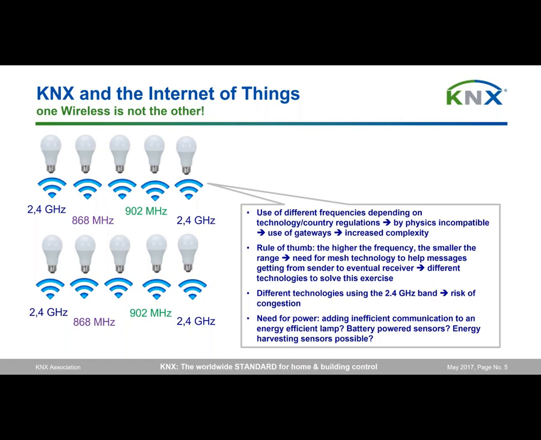A very common frequency used for wireless solutions is the 2.4 gigahertz band, for instance used for Wi-Fi. But if you use other solutions in this same frequency band, then you may run into the risk of congestion of the media.